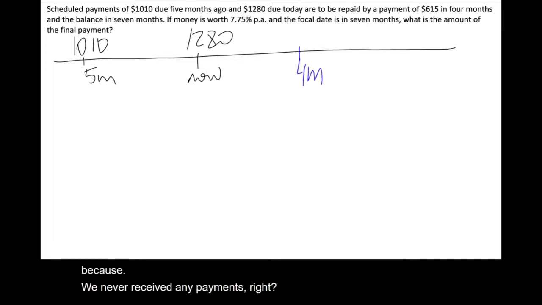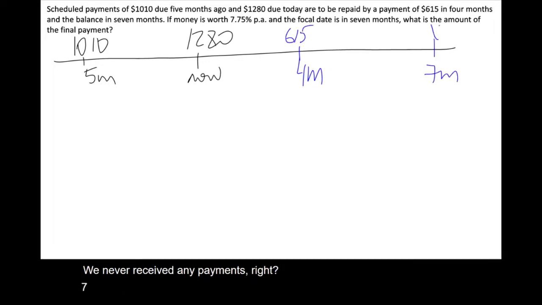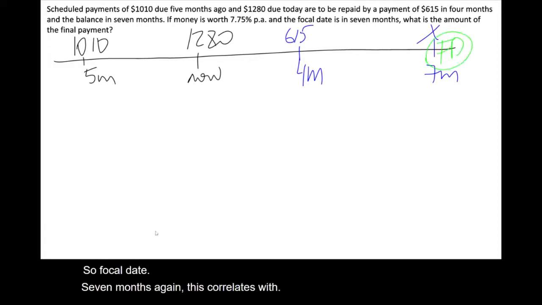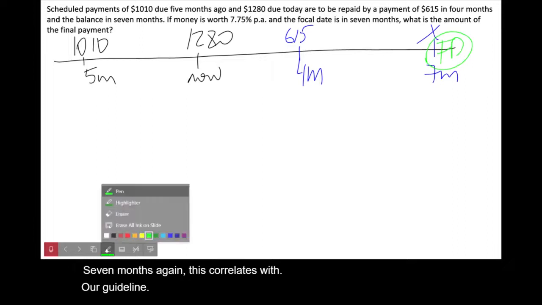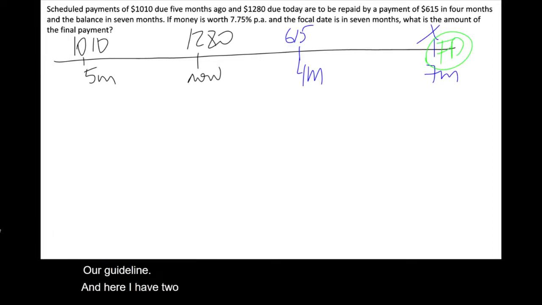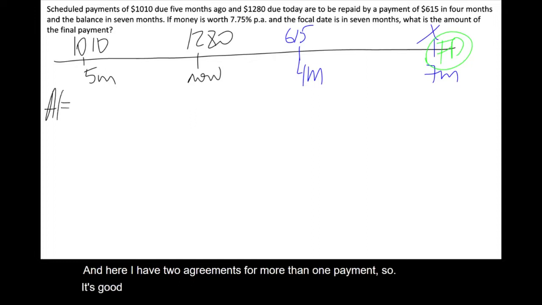Then 7 months, X. So the focal date is in 7 months. Again, this correlates with our guideline. And here I have two agreements with more than one payment, so it's good to calculate them separately.